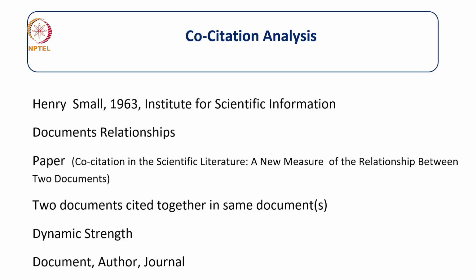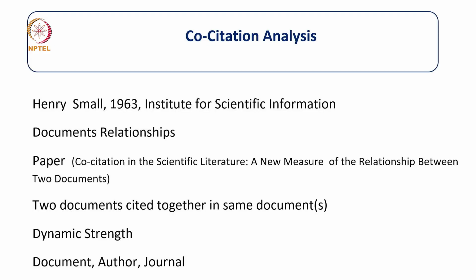But in co-citation analysis we analyze whether two documents are co-cited in a single document, and how many documents cite these two documents together in their references. Sometimes people get confused between bibliographic coupling and co-citation, but this is the difference.